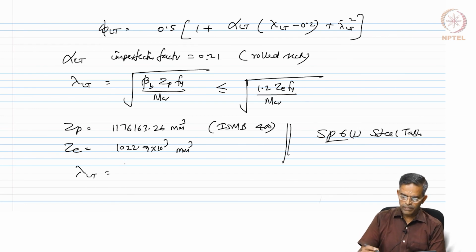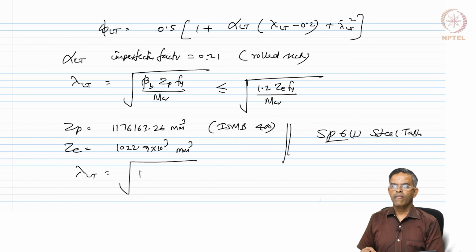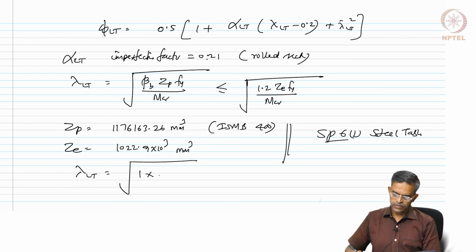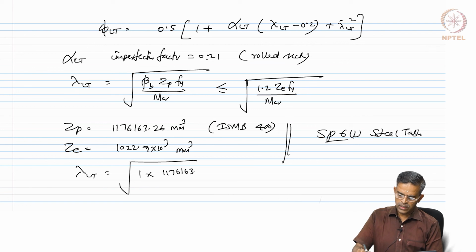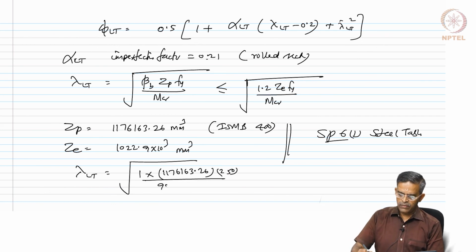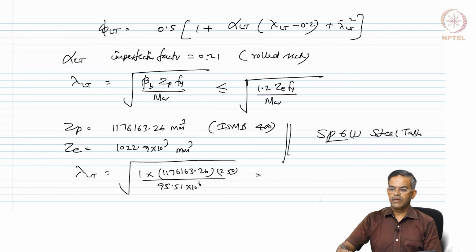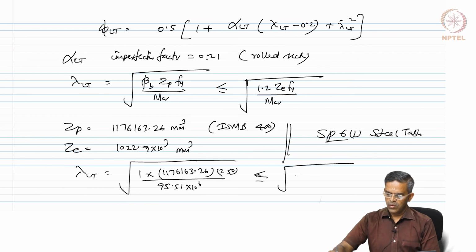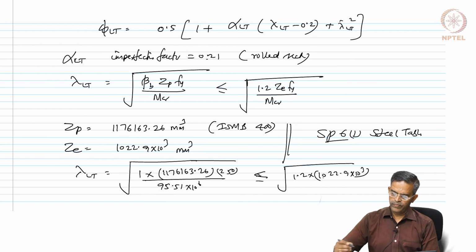So, now lambda LT will be 1 into 1176163.26 into 250 by 95.51 10 power 6, which should be less than or equal to 1.2 times of 1022.9 10 power 3 of 250 by 95.51 10 power 6.